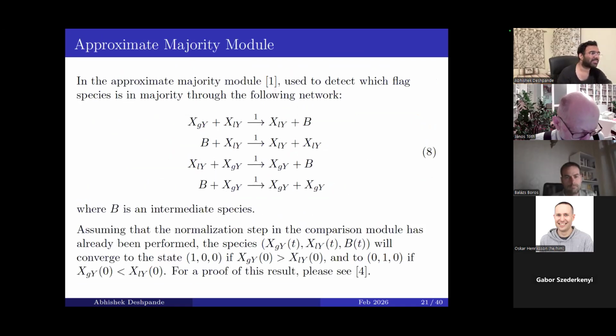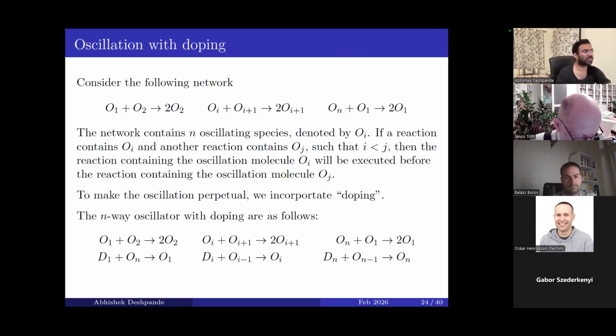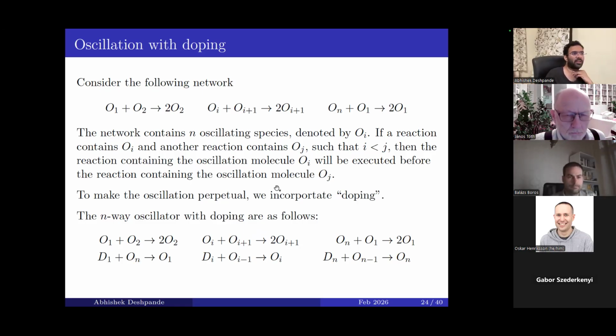To do timescale separation, the trick we use is called oscillation molecules with doping. There is a trick in chemistry, oscillation molecules, which is this sequence of reactions given like this. The idea is that if a reaction contains an oscillation molecule of index Oi, where i is less than j, then the reaction containing that oscillation molecule will be executed before the reaction containing the oscillation molecule Oj.